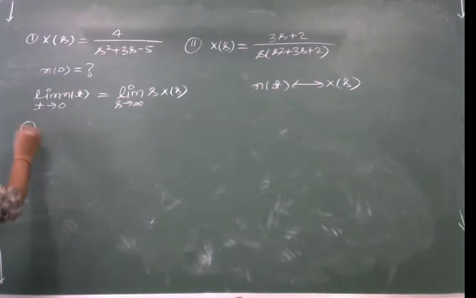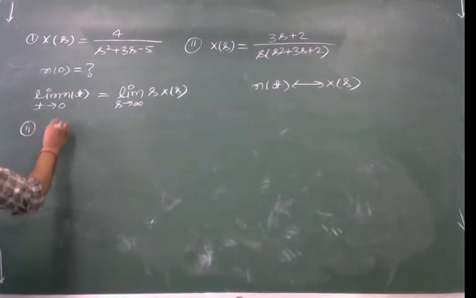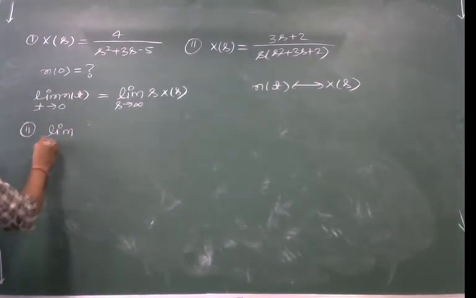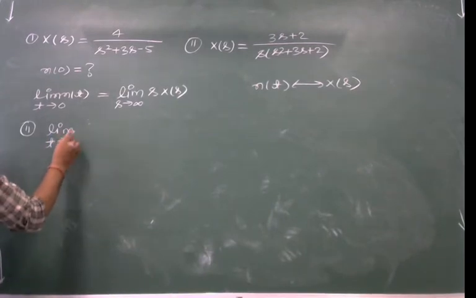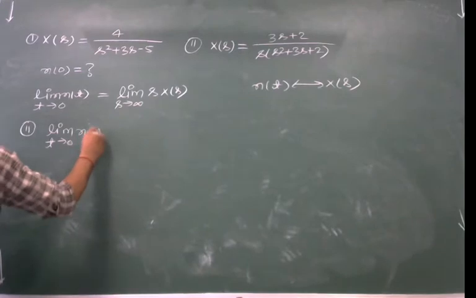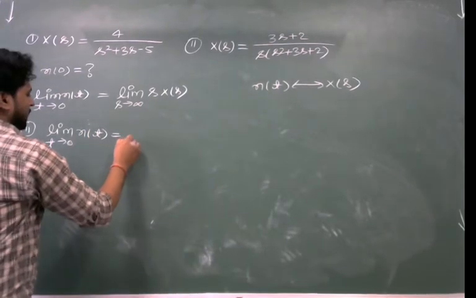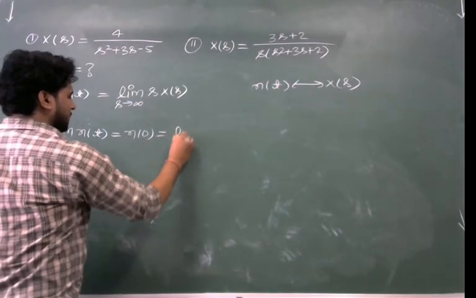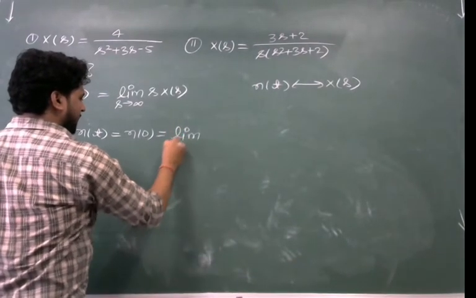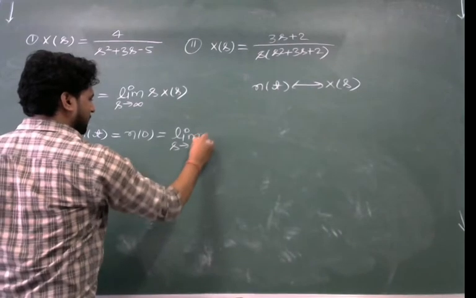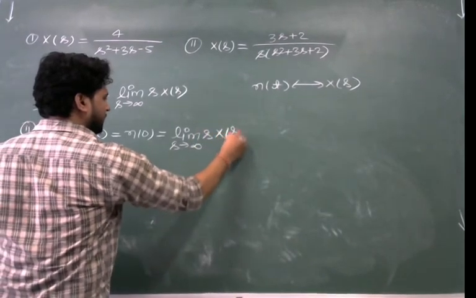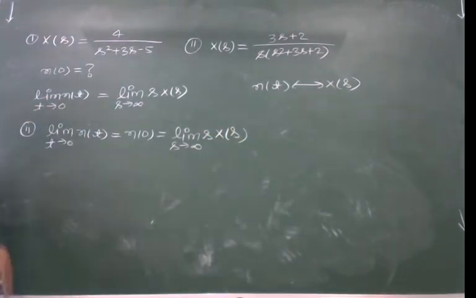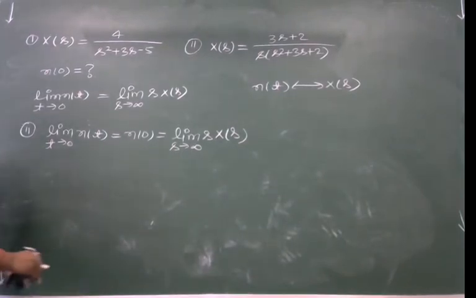In the second case, to get the initial value, limit t tends to 0 of x(t), which is x(0), will be equal to limit s tends to infinity of s times X(s), by using the initial value theorem.